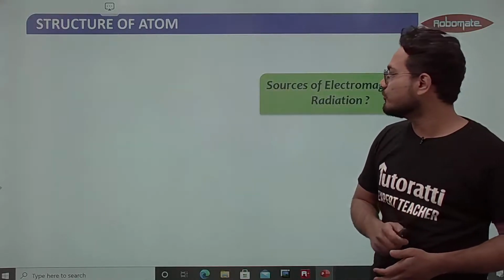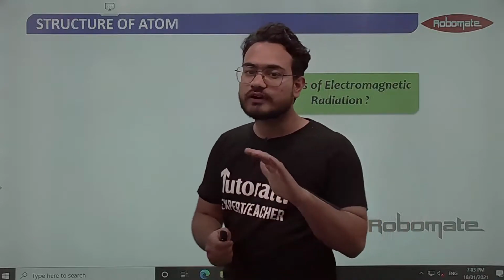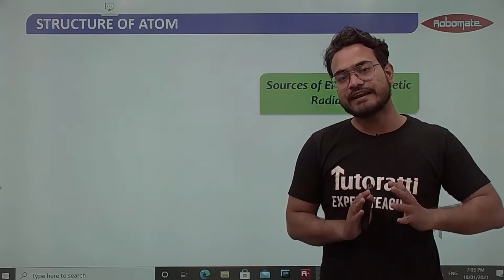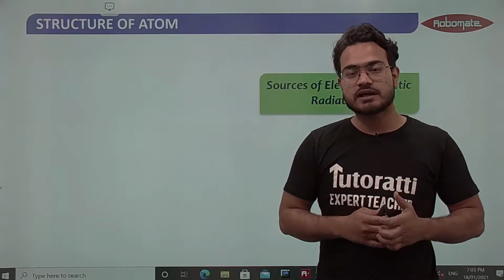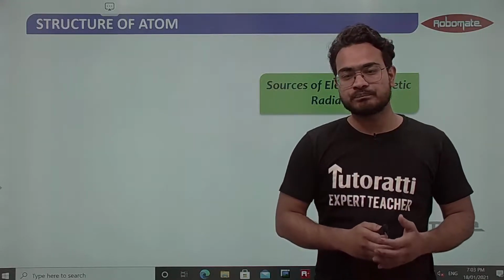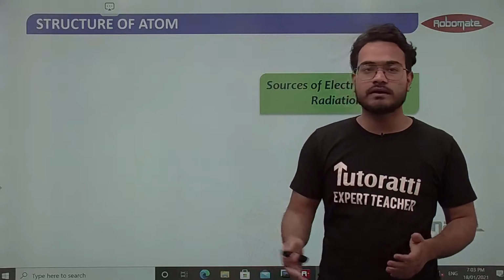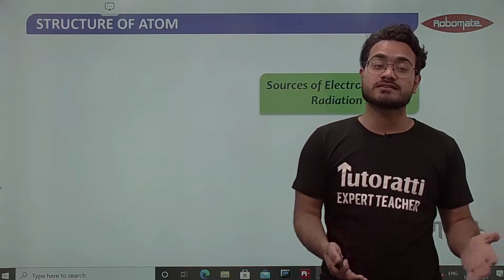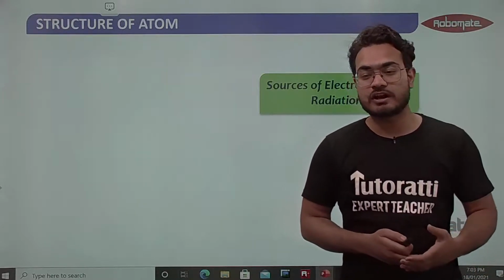Let's begin with radiation. What are the sources of radiation? You must know a very common source of radiation, from where all of you get radiation. The entire world, or at least the entire solar system, gets the radiation from this source.